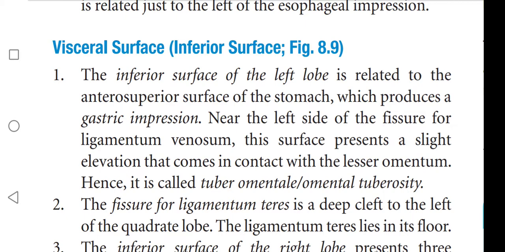Near the left side of the fissure for ligamentum venosum, this surface presents a slight elevation that comes in contact with the lesser omentum, hence it is called tuber omentale, the omental tuberosity.